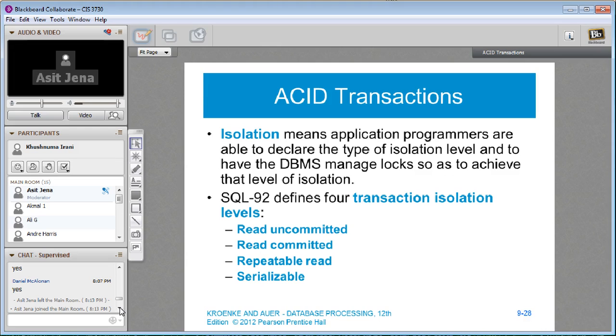Commit means anything that has happened before that statement is written into the database. Rollback means you can roll back all the things that we have done. So by the isolation levels of read uncommitted and read committed, you can make sure that you don't do dirty reads.